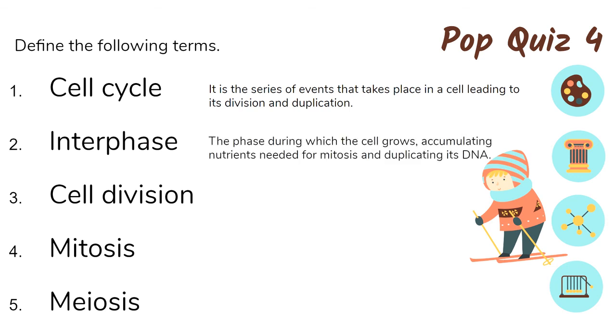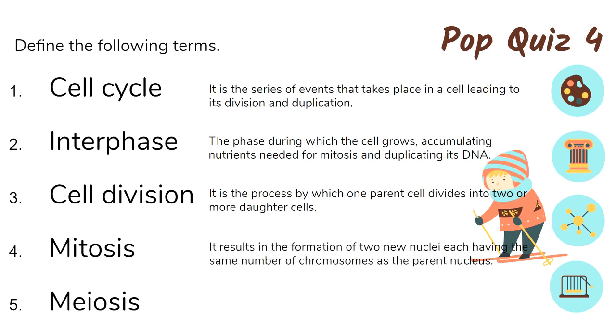So again, interphase, that's the phase wherein the cell grows during gap 1, accumulates nutrients, duplicates its DNA during S phase, and then prepares everything for cell division during gap 2. So cell division is the process by which one parent cell divides into 2 or more daughter cells.